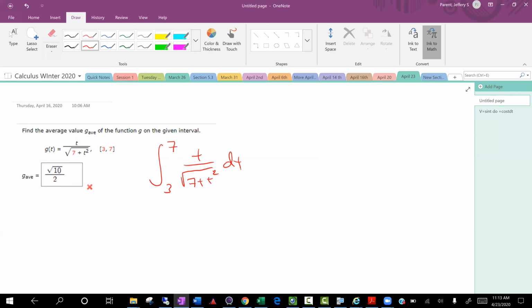Now again, we're faced with an integral for which we don't know how to find an antiderivative, at least directly, but we can do it indirectly with a little U-substitution. What would you suggest u equal in this case? 7 plus t squared. Good, 7 plus t squared.